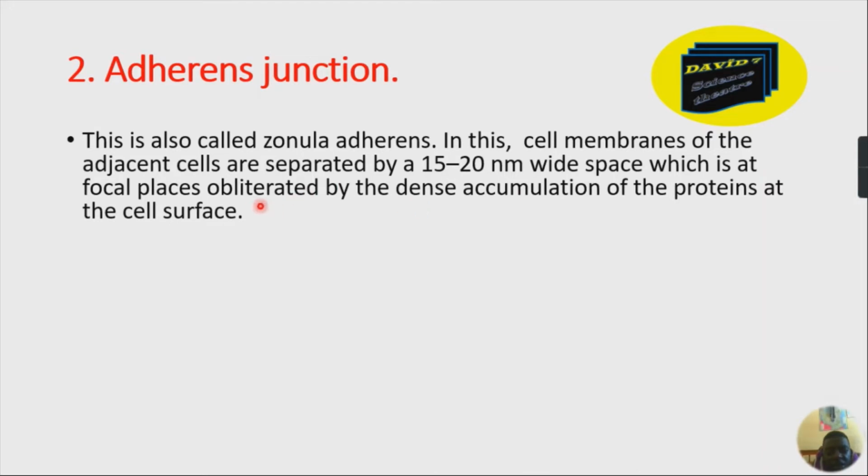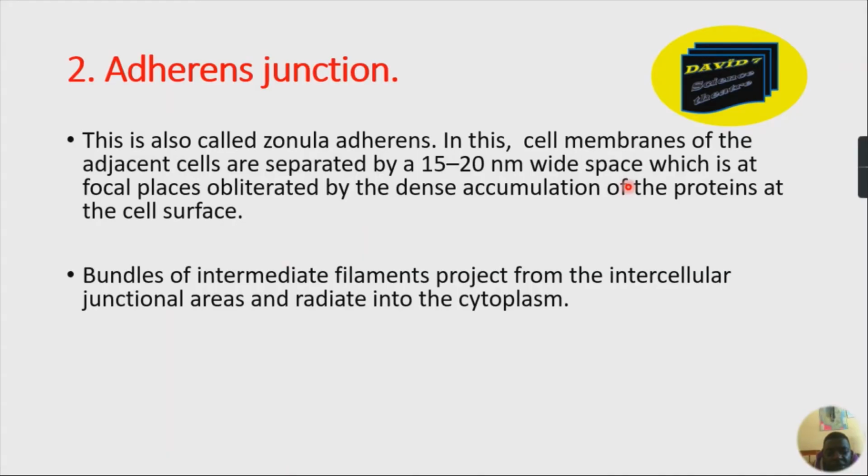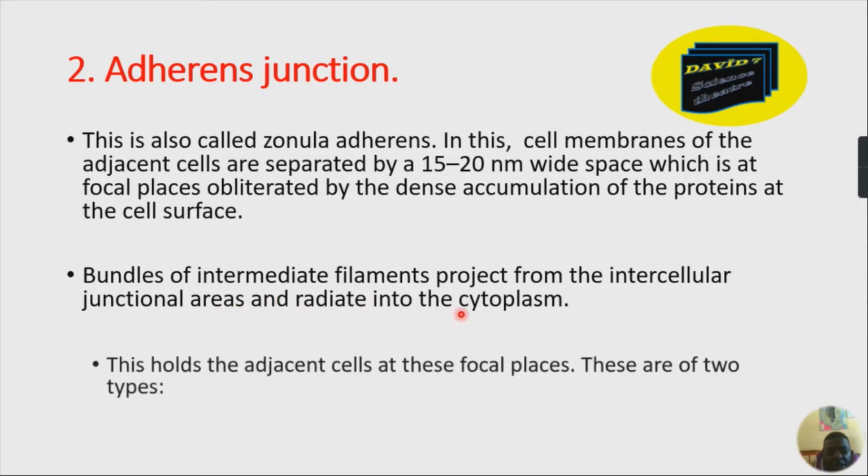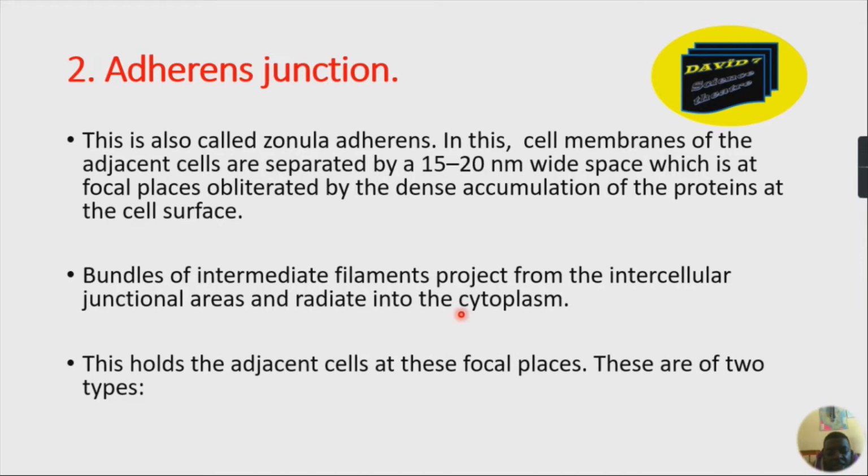This is a good characteristic. Obliteration by the dense accumulation of the proteins at the cell surface. So the bundles of intermediate fibers project from intercellular junctional areas and radiate into the cytoplasm. Okay, and this holds the adjacent cells at these focal places.